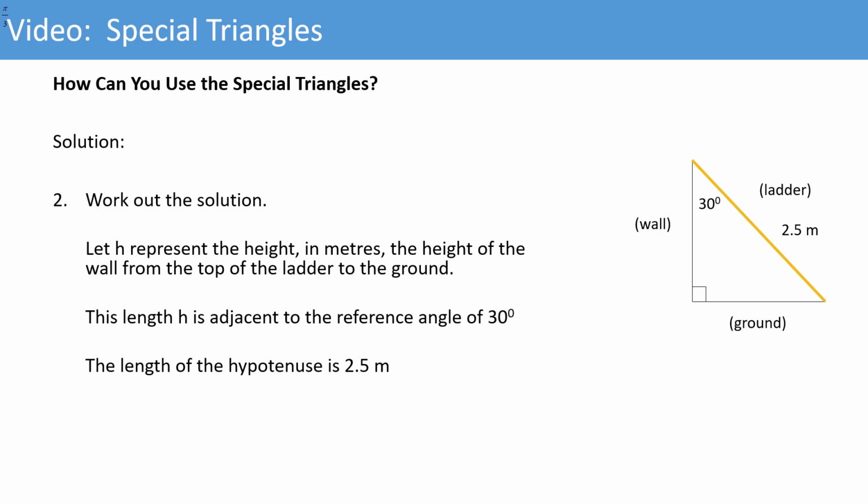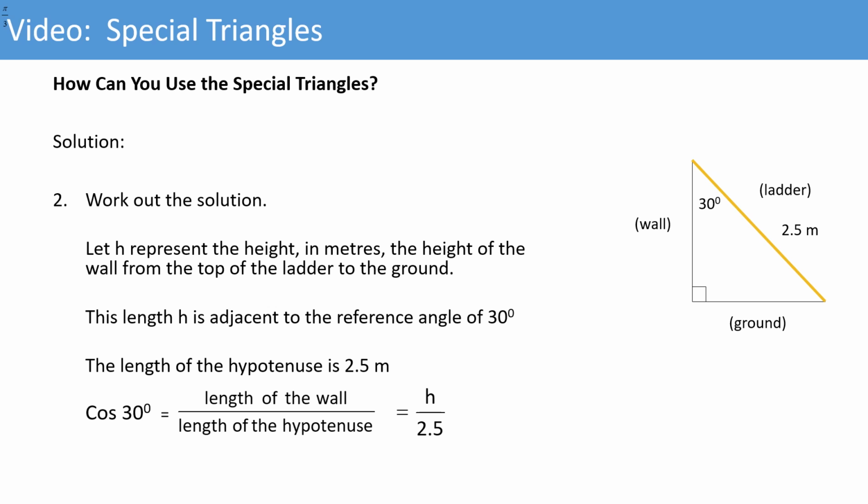The length of the hypotenuse is 2.5 meters. So, adjacent over hypotenuse would be cos. So the cos of 30 degrees is the length of the wall divided by the length of the hypotenuse, which is h divided by 2.5.